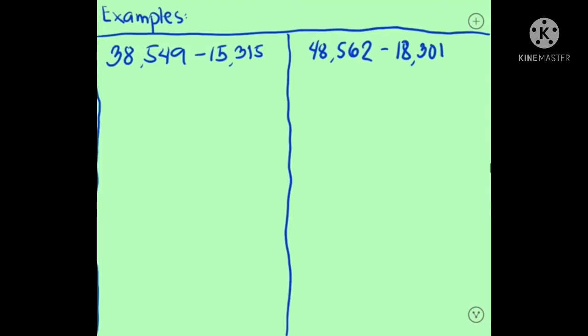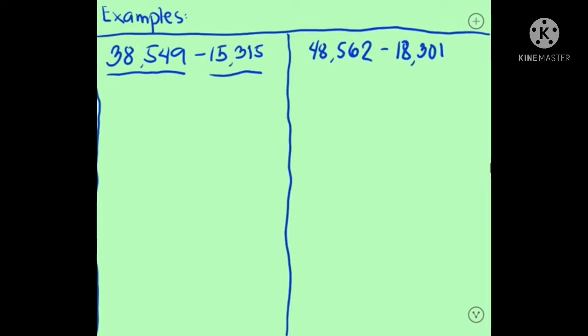So we have here the first number, 38,549. Correct? This is what we call the minuend. Minus 15,315. So, again, our first step in solving is that we need to line them up.